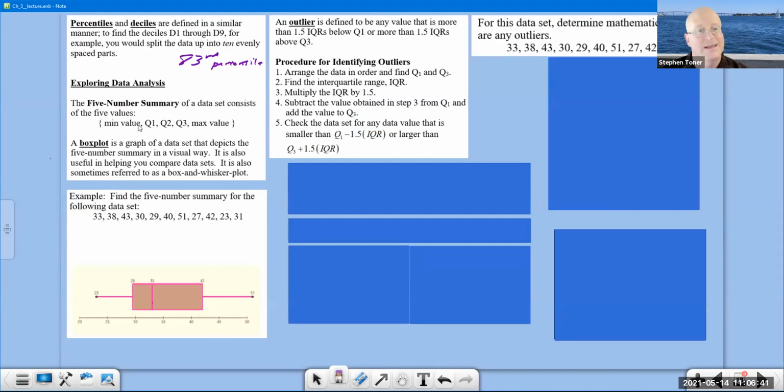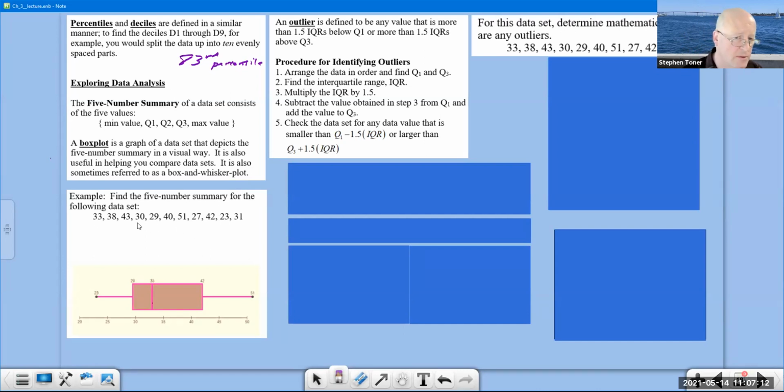Okay, we can illustrate this using a box plot. It's a graph of a data set that depicts this 5-number summary in a visual way. It is useful to help you compare different data sets, as we will see soon. It is also sometimes referred to as a box and whisker plot. So a box plot and a box and whisker plot are the same thing.